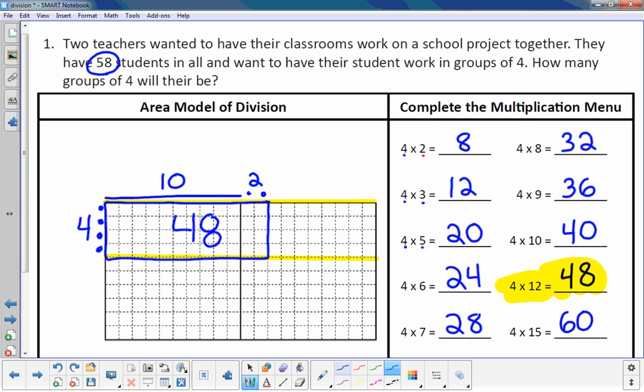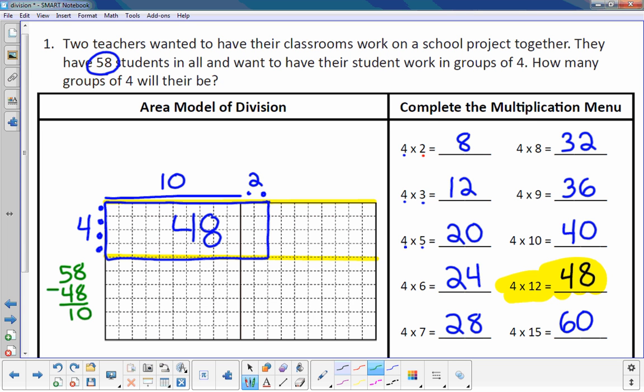How close am I to 58? Well, I might have to do a little subtraction now. So on the side, I might just do 58 minus 48, 10. I'm 10 away. So how many columns of 4 can I get inside 10?